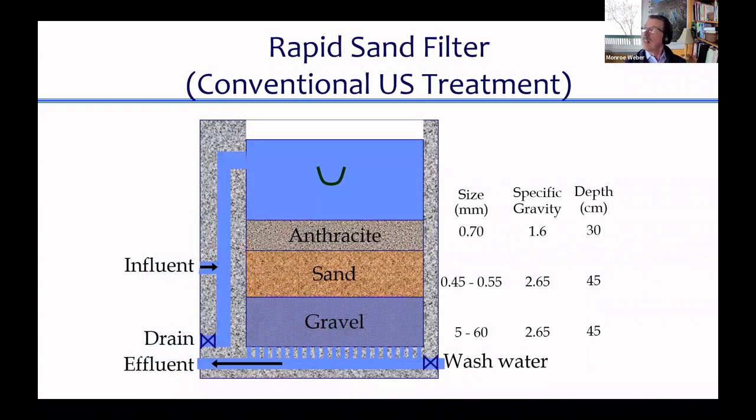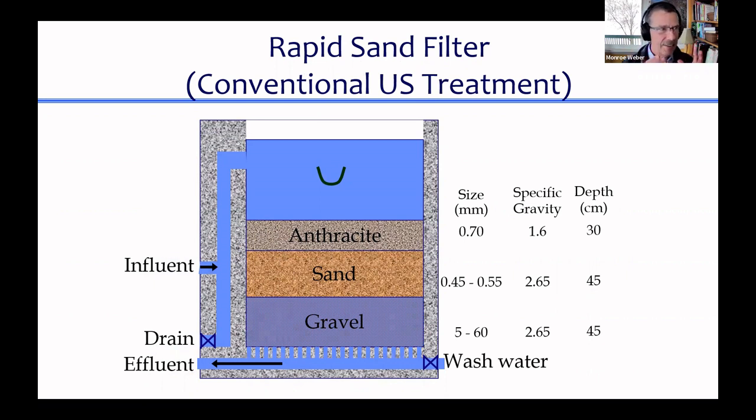Okay, now, rapid sand filters. So here's a cross section of a rapid sand filter showing how we can have sand that is being held up by gravel. This is kind of the older design where sand is held up by gravel.